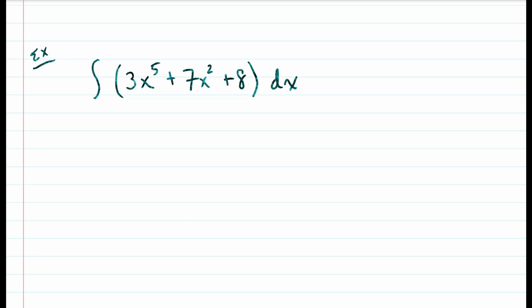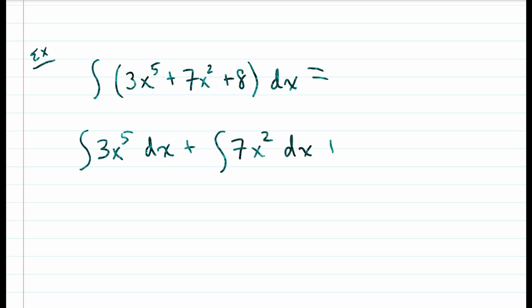We could say to ourselves, let's make this the integral of 3x to the 5th dx, plus the integral of 7x squared dx, plus the integral of 8 dx, right? Just as you did with differentiation, you broke each term up into separate pieces. We do the same thing for integration.